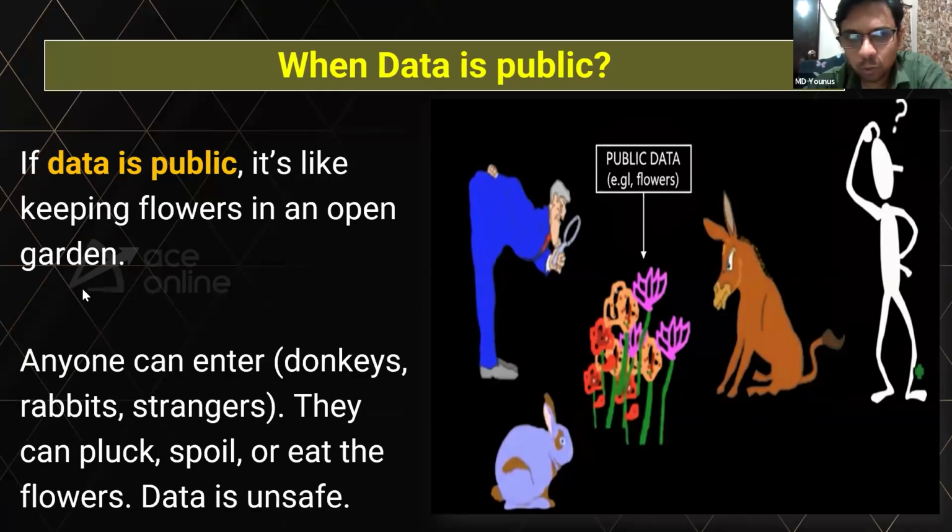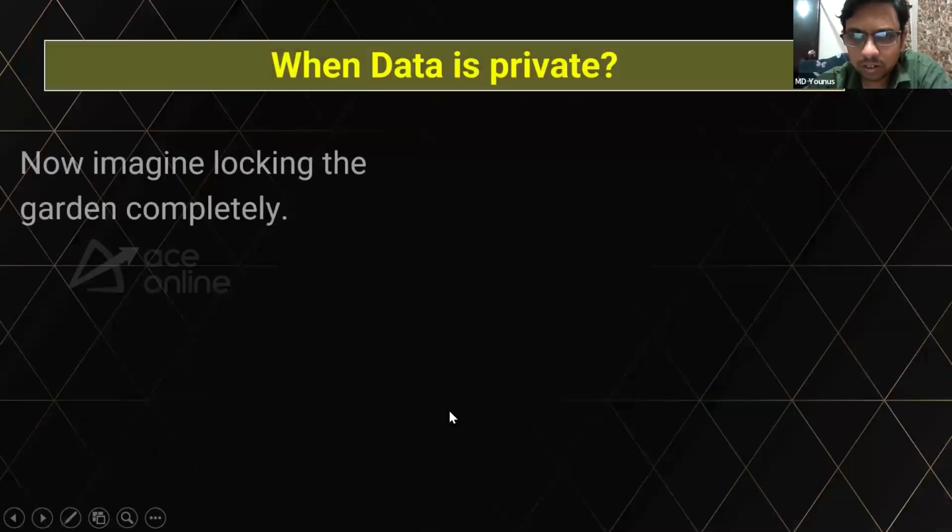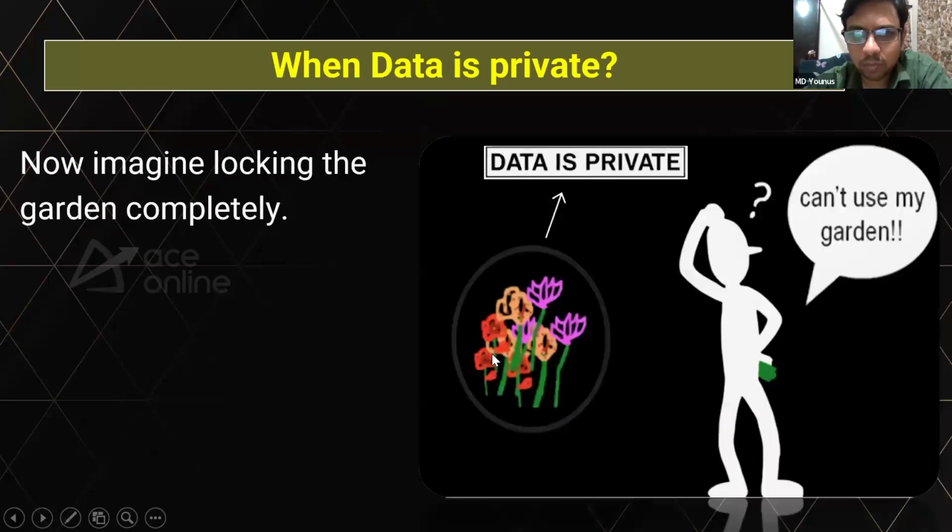Now it is an open garden, so people can access it and spoil it. But if I have to make this garden private, what would you be doing? You will be making a fence, right?